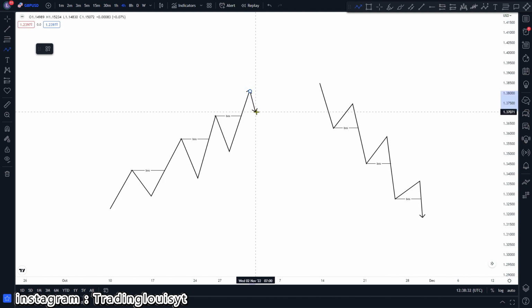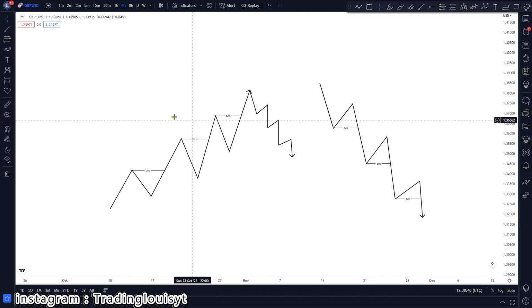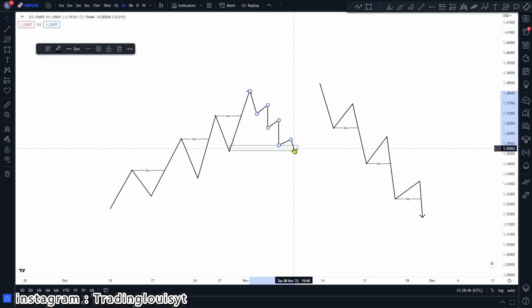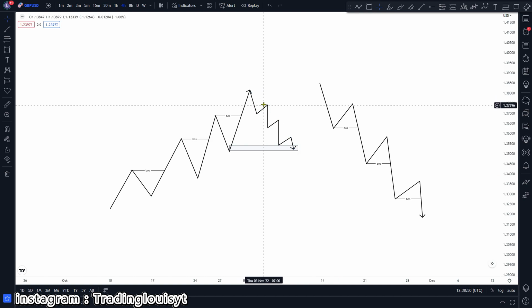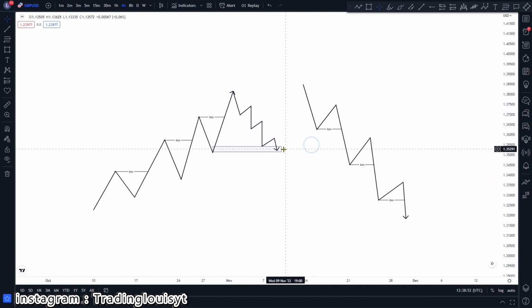What we'll see on a lower time frame is a downtrend on the smaller time frame, and the downtrend will trade into this area right here, and this area is our demand zone. Once price comes into our demand zone, we are waiting for a change in market structure. So this would be a change in market structure.